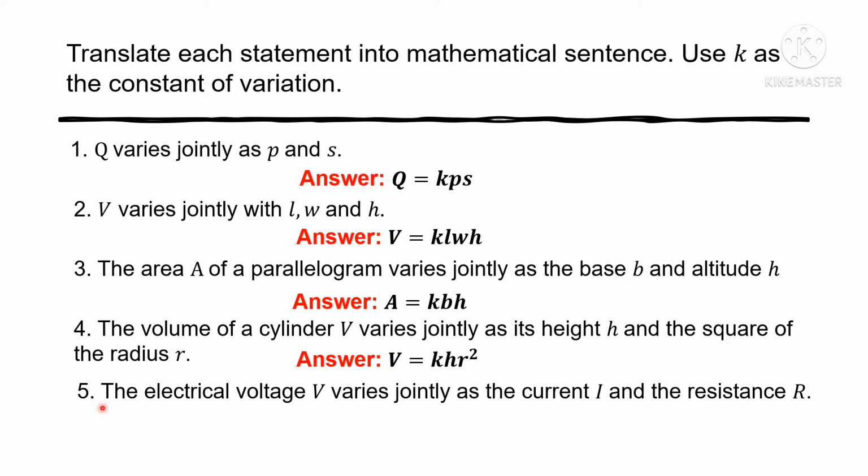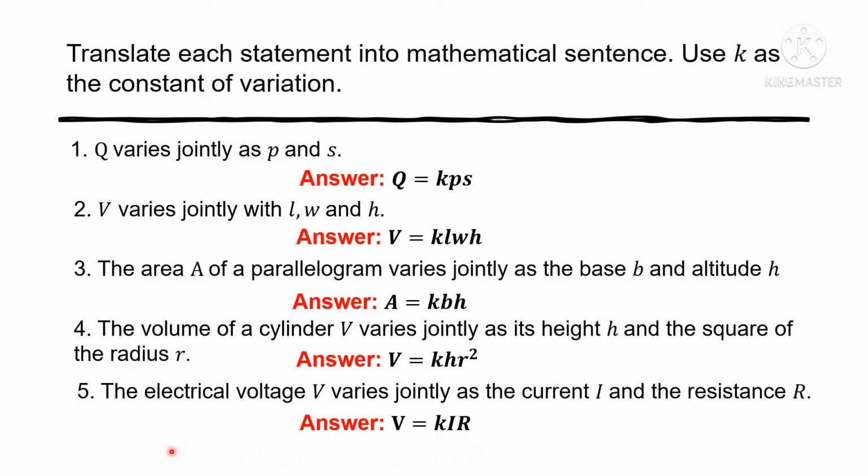Okay, number 5, the electrical voltage V varies jointly as the current I and the resistance R. So the answer is V equals K I R, or K times I times R.